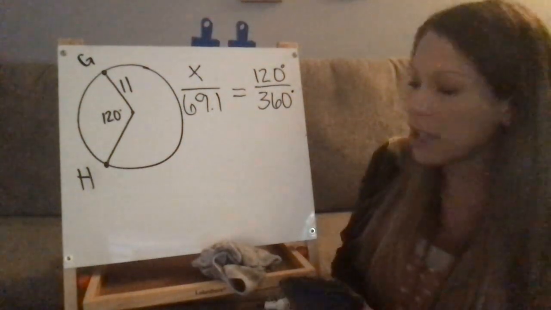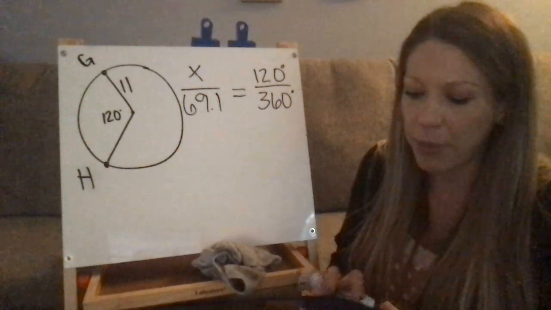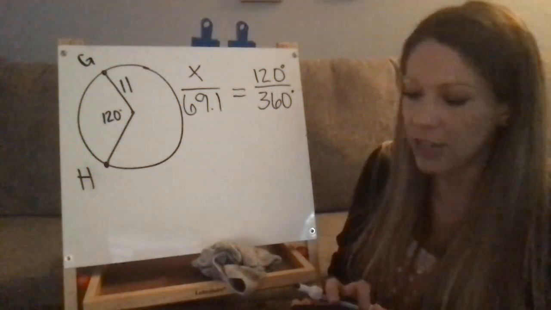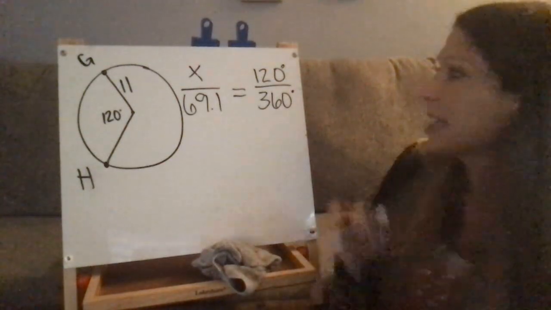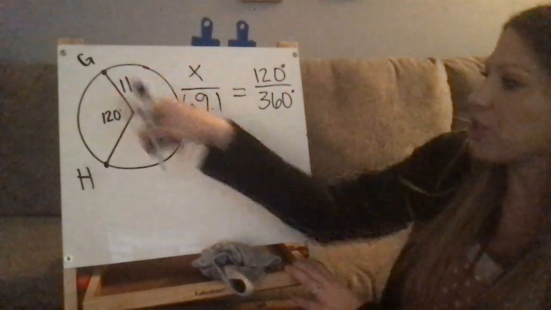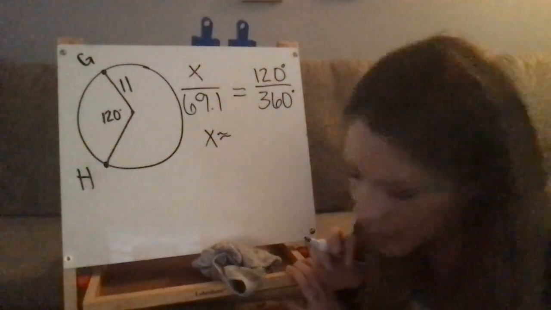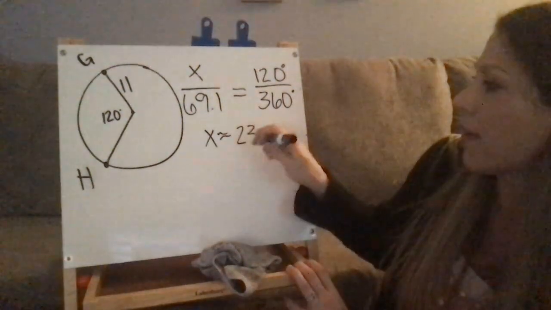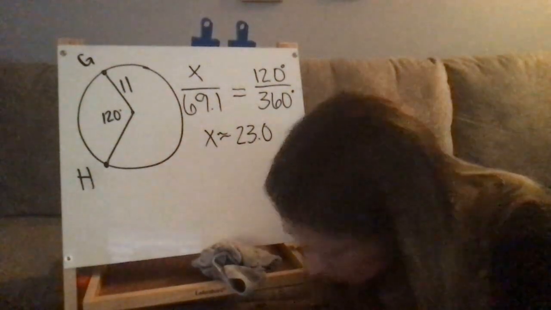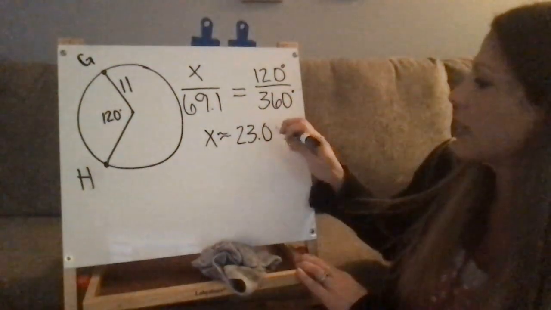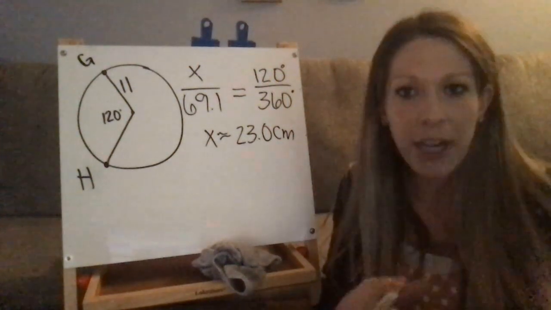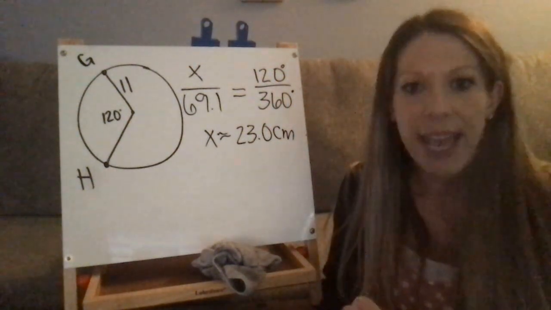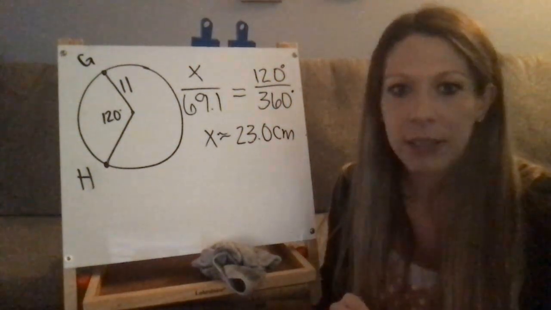When I cross multiply, I take 69.1 times 120 divided by 360. And I get that the distance from G to H is about 23.0, and these units were centimeters. So all the way around the circle was 69.1 centimeters-ish, and from G to H is about 23 centimeters.